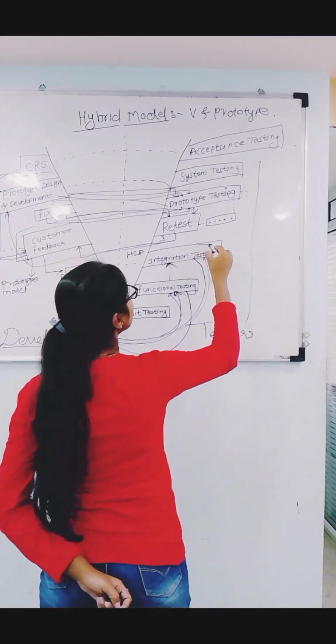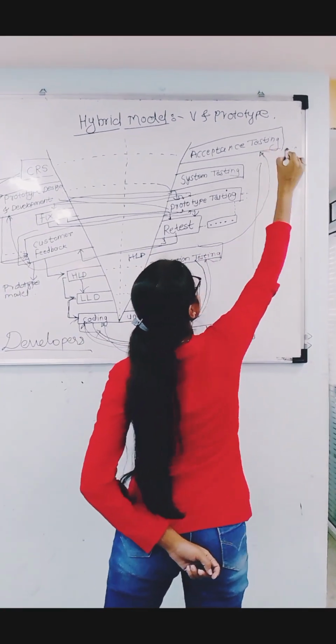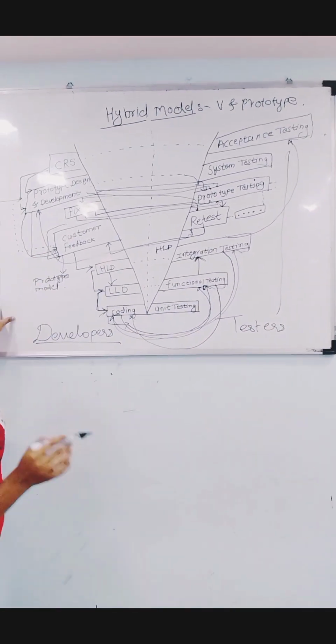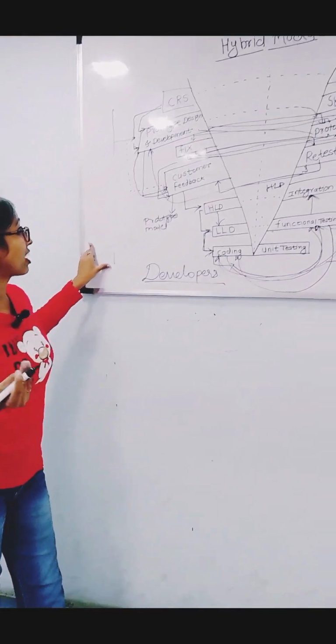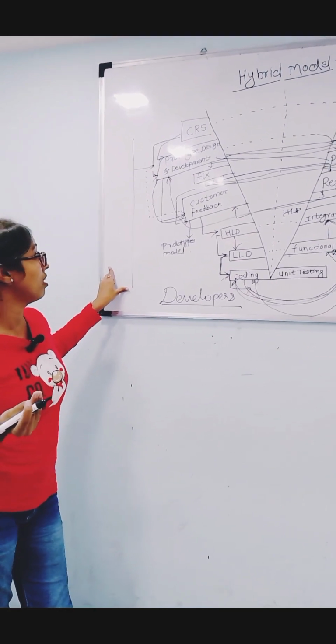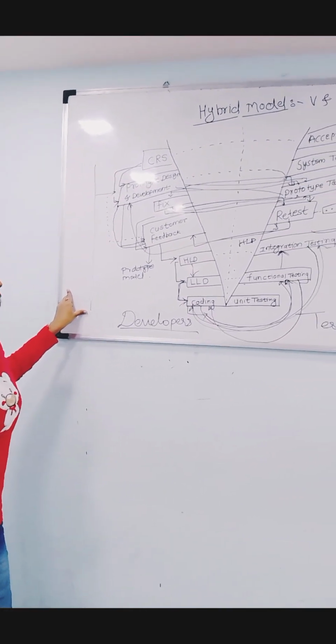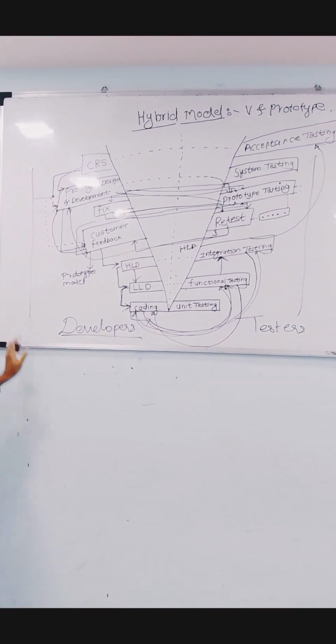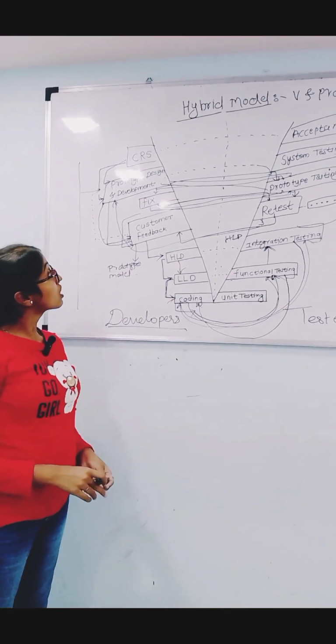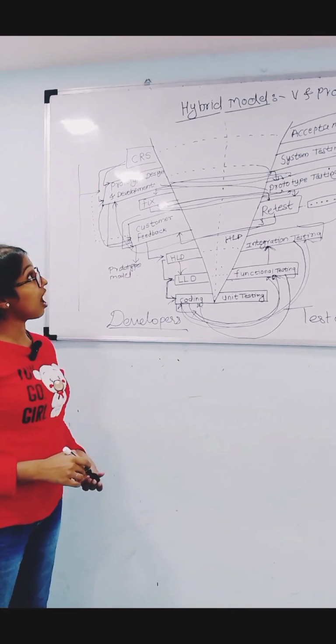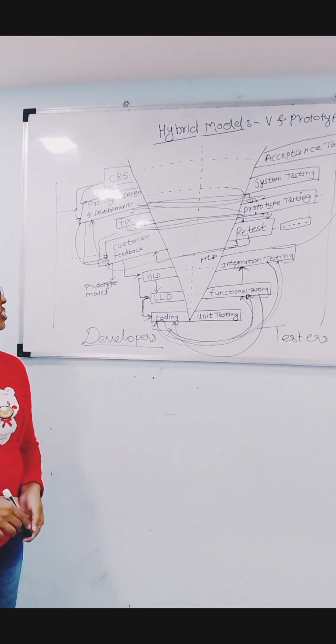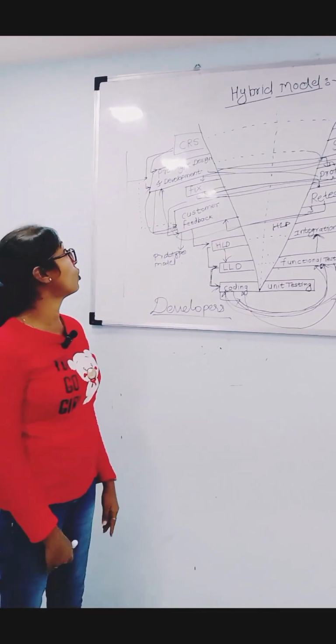Then for acceptance testing, the same process will happen. Once the actual model, that is the actual software, is stable, it is given to the customer. And then the question comes to mind: what are the benefits, disadvantages, and applications of the hybrid model?